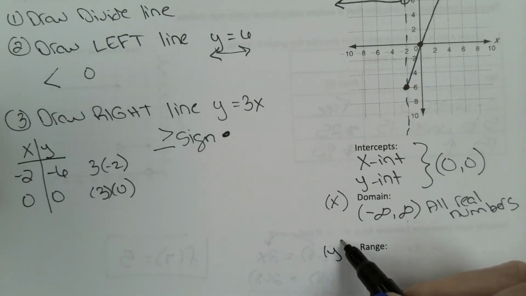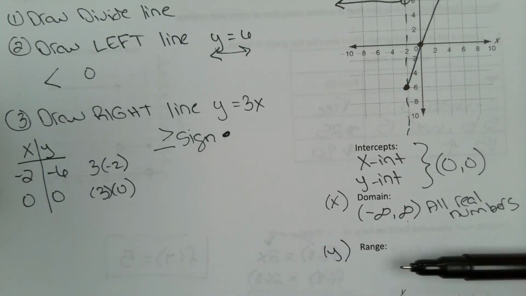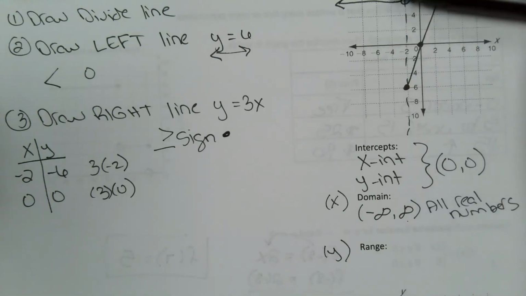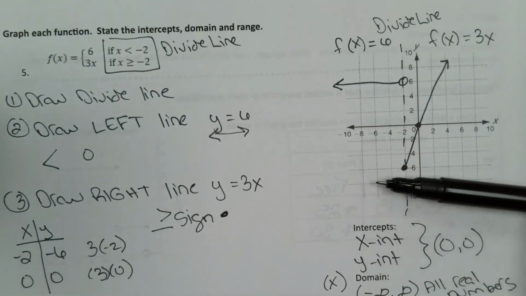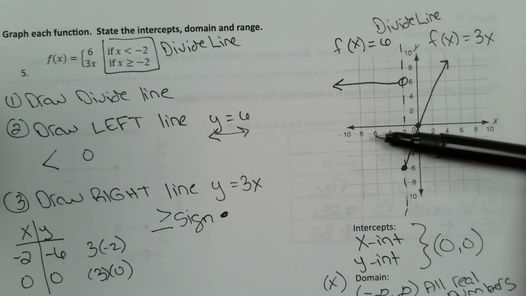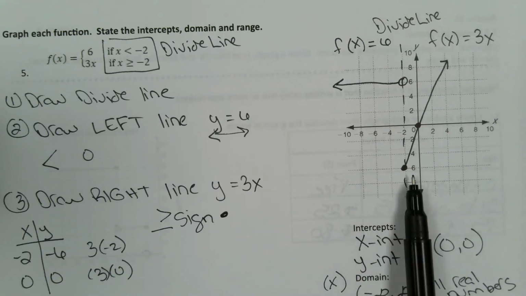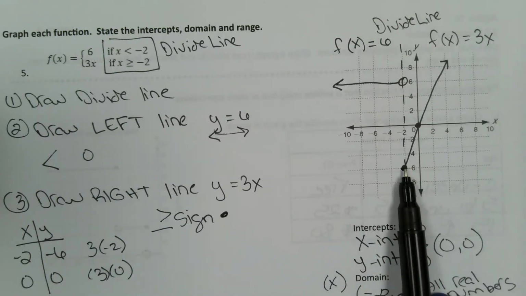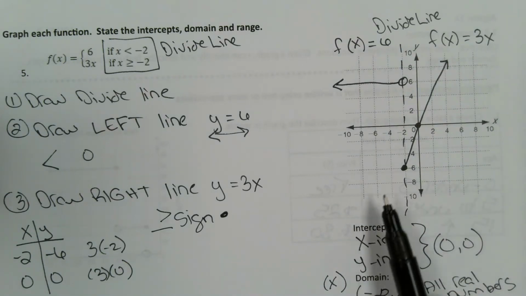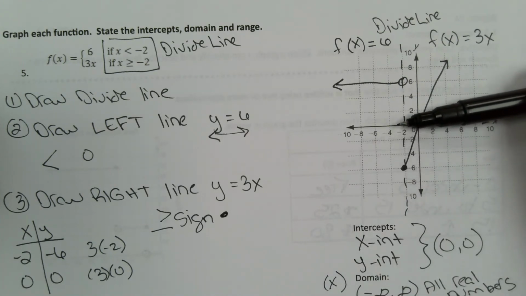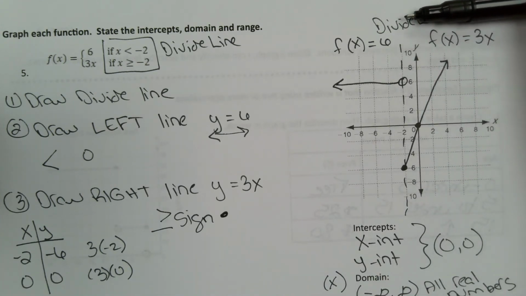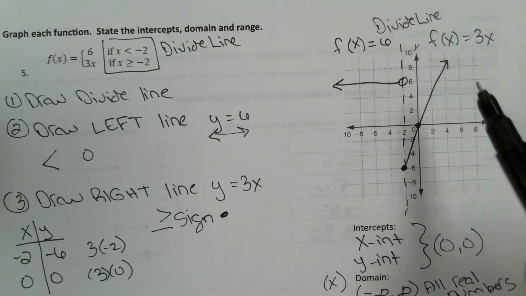Your range are your y values. That's the answers that you get out of it, and that kind of measures your distance up and down. So I never ever get a value smaller than negative 6 out of it, because I don't have any points down here. And then from there, all the other values just keep getting bigger and bigger and bigger.